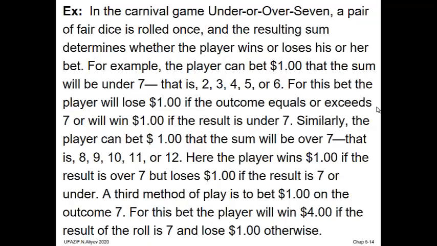Now let's consider the last part, the third case. A third method of play is to bet $1 on the outcome 7. For this bet, the player can win $4 if the result of the roll is 7 and lose $1 otherwise.